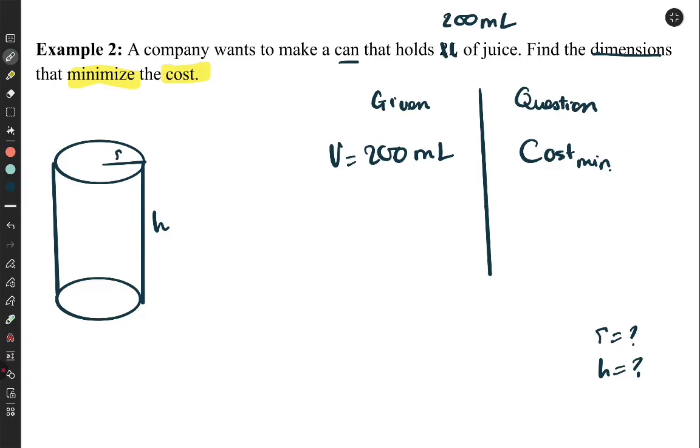Okay. So how do we do that? How do we minimize the cost? Think. What do we want to minimize to save the cost? Speak up. Surface area. There you go.